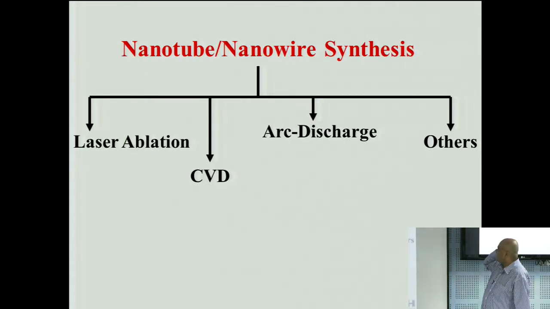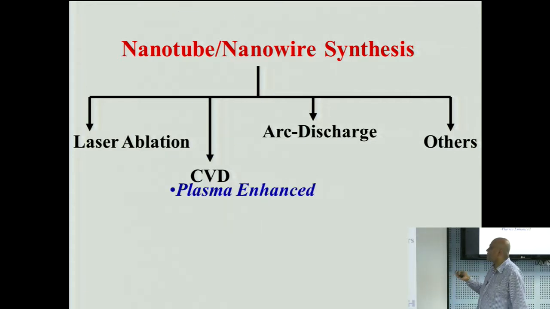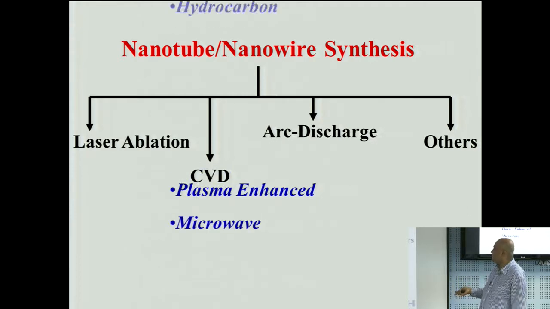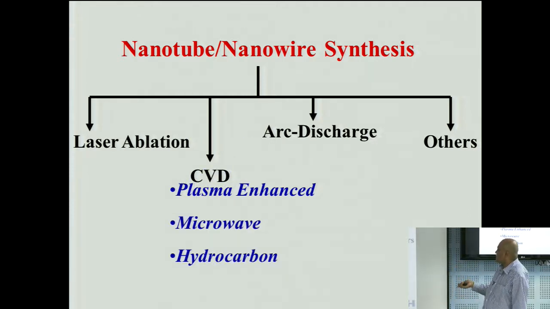In nanotube and nanowire synthesis, there are different methods. This is an old slide, but these were the methods of how you can make a nanotube or nanowire. One was laser ablation, the other was chemical vapor deposition, which has different types depending upon how you get the chemical vapor: plasma enhanced, microwave, hydrocarbon.